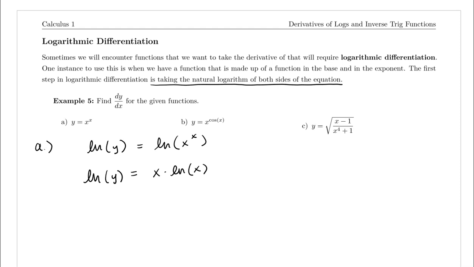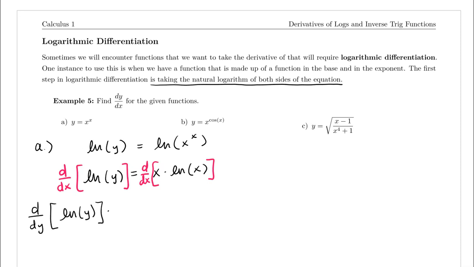Now what I can do is use implicit differentiation on both sides by taking the derivative with respect to x on both sides of our equation. On the left-hand side, I need to switch this up into the derivative with respect to y of the natural log of y times dy dx.